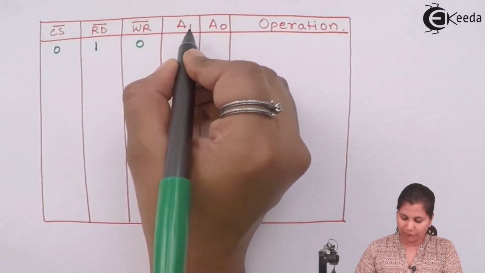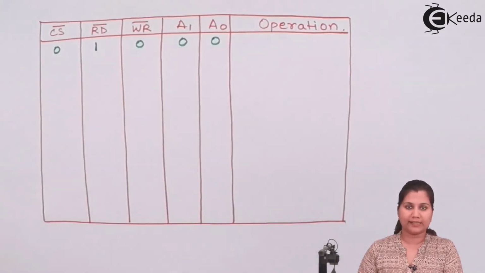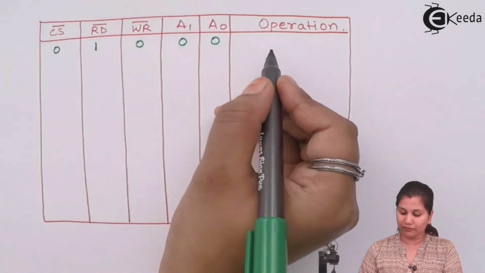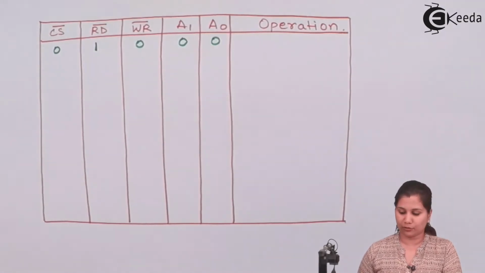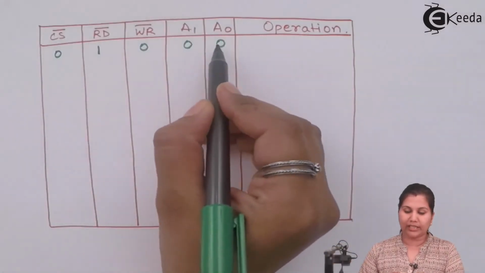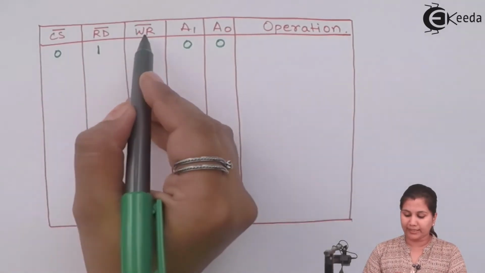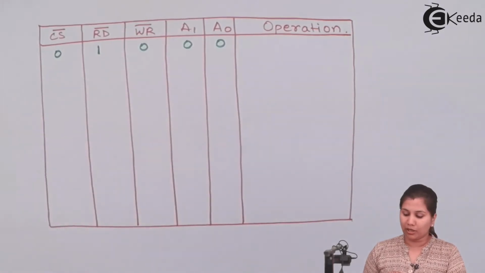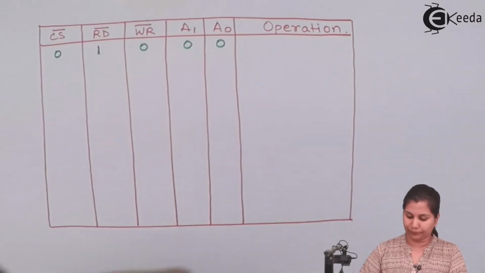Now if the value of A1 and A0 is 0, then counter 0 is selected, and here the write signal is activated, so the operation will be to load the count value into counter 0.